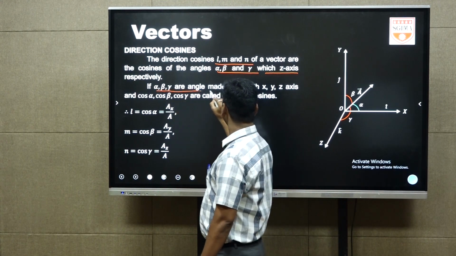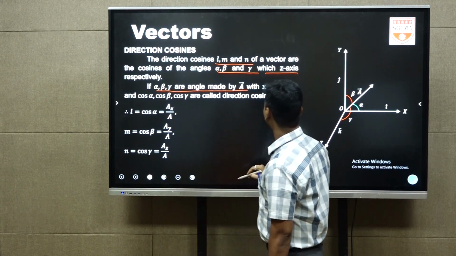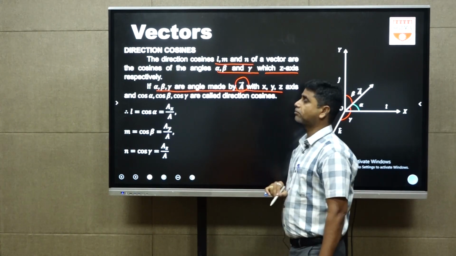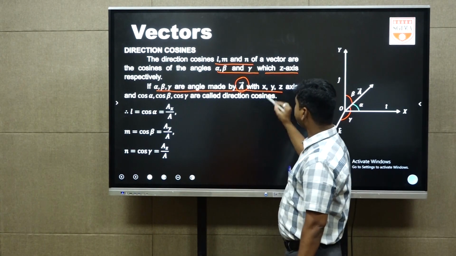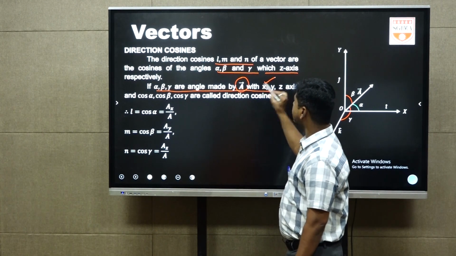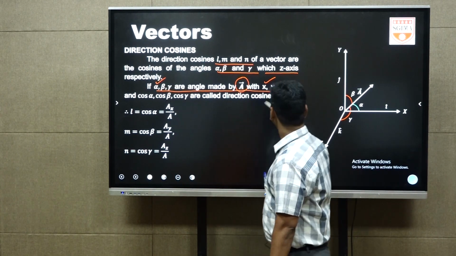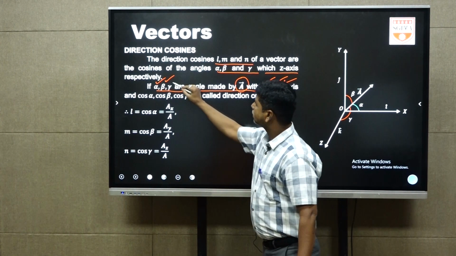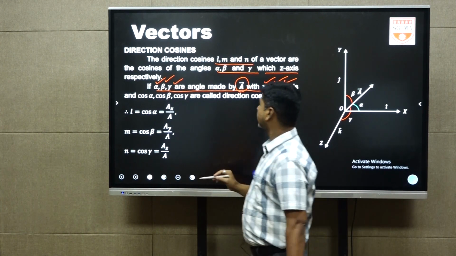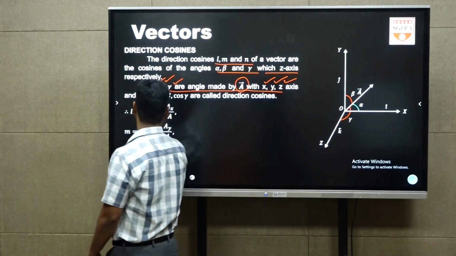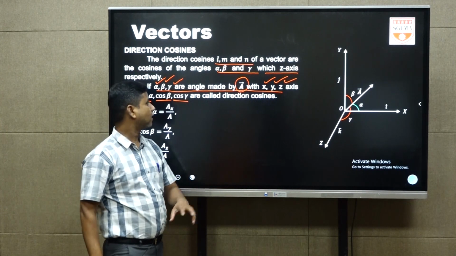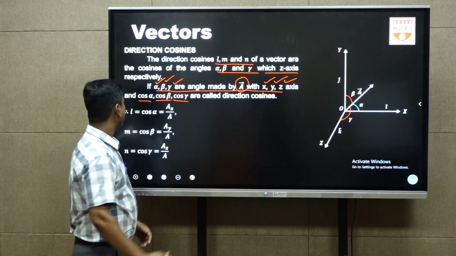If alpha, beta, gamma are angles made by the A bar vector, where A bar is a given vector, this A bar vector makes an angle alpha with the x-axis, beta with the y-axis, and gamma with the z-axis. Then cos alpha, cos beta and cos gamma are called directional cosines.